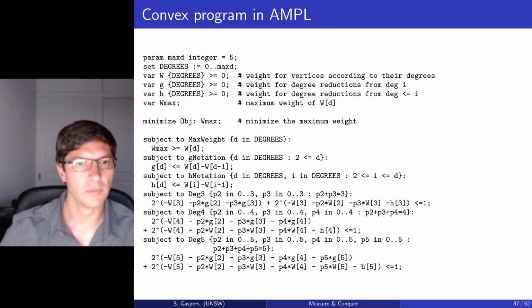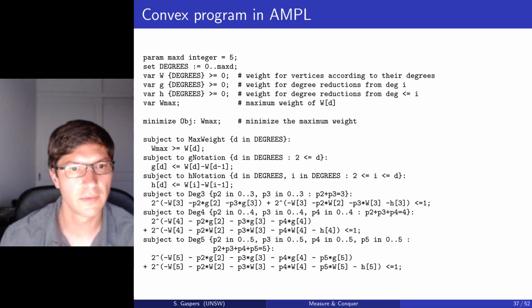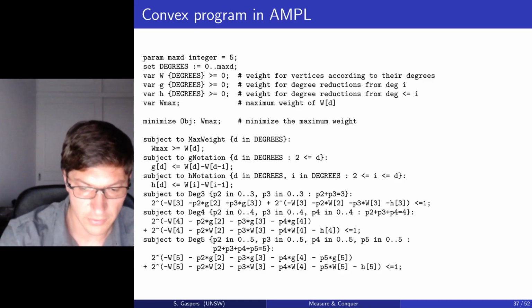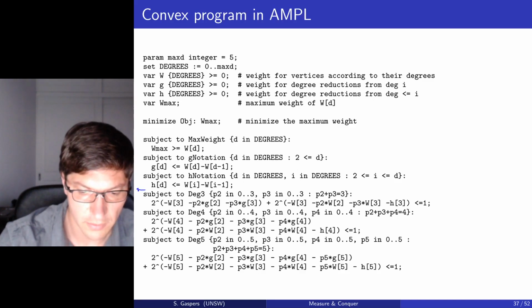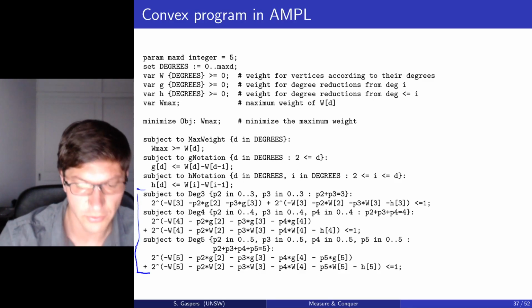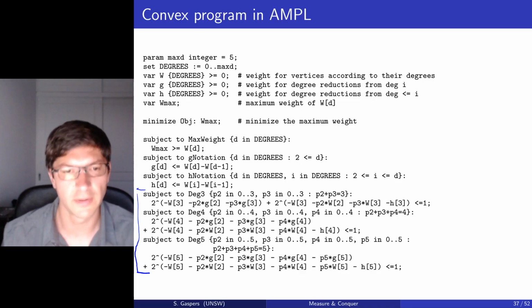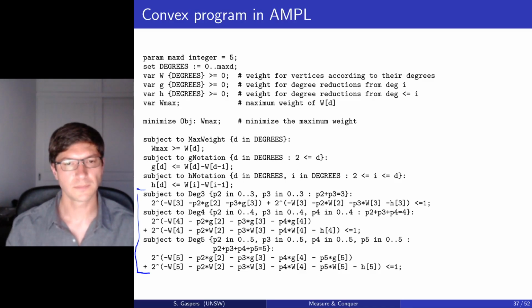And then similarly, we have our other constraints. I separated here the constraints that we get for vertices of degree 3, 4, and 5.